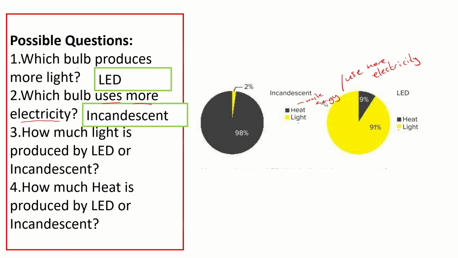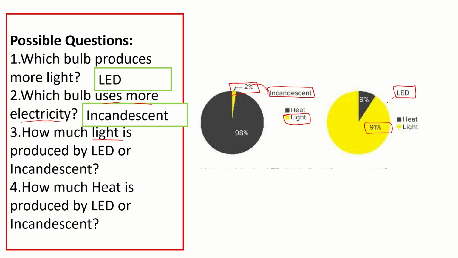Okay, maybe I may ask you how much, so the number. So for the number, you need to again look at our boxes, right? How much light is produced by each of them? So we're going to look at light and read your question carefully. The incandescent will be 2 and the LED will be 91.